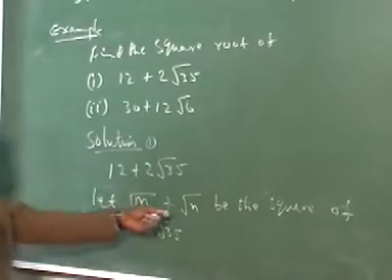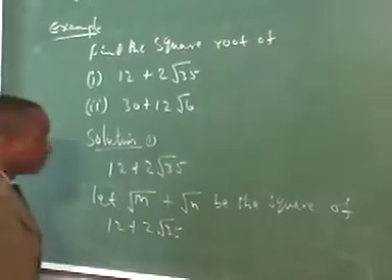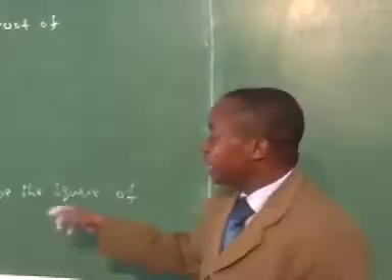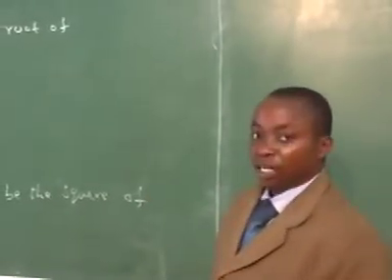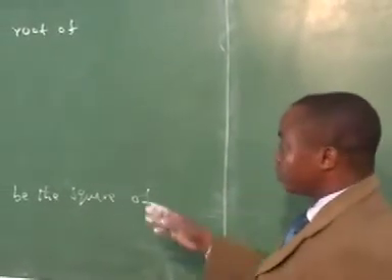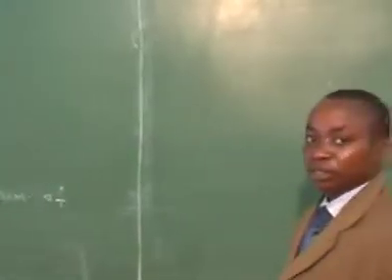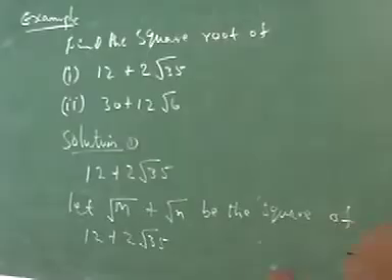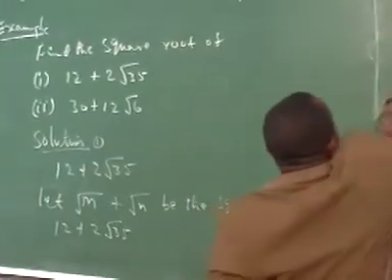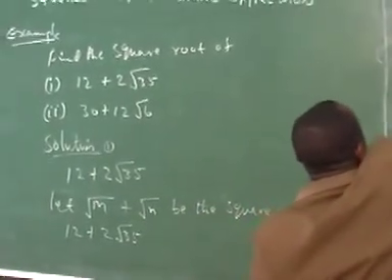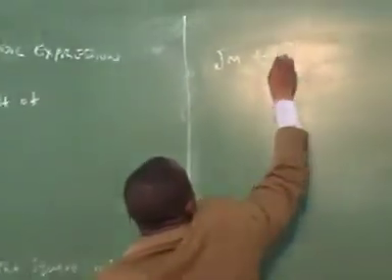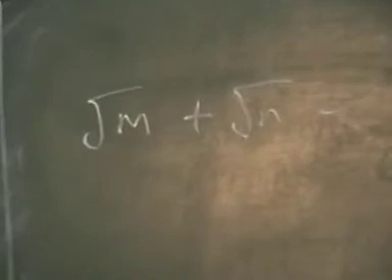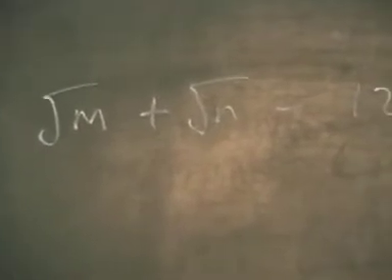We will assume root m and root n; we can use any other letter, where m and n are real numbers. They are real numbers because we don't know the numbers, but by the time we solve, the numbers will come out. So root m plus root n is equal to the square root of 12 plus 2 root 35.